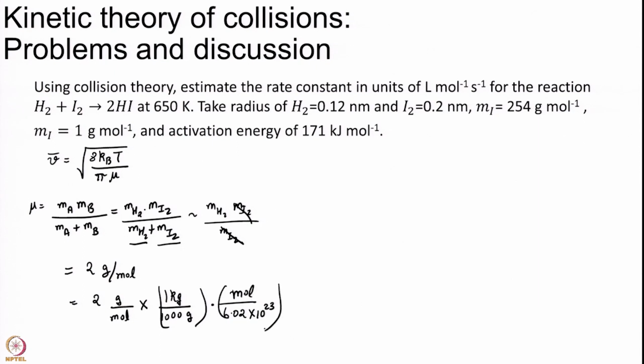So, Avogadro number is mole inverse, so I am dividing by Avogadro number. Mole cancels with mole, gram cancels with gram, I am left with kilogram. I have simplified this already and written the answer beforehand. This comes out equal to 3.3 into 10 to the power of minus 27 kilograms.